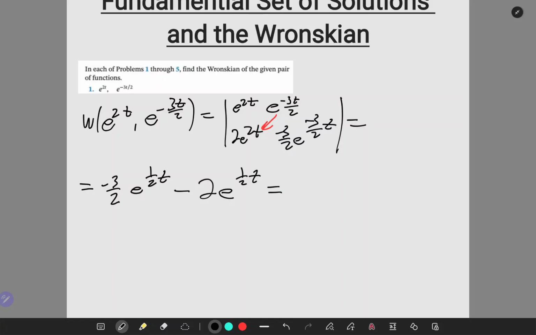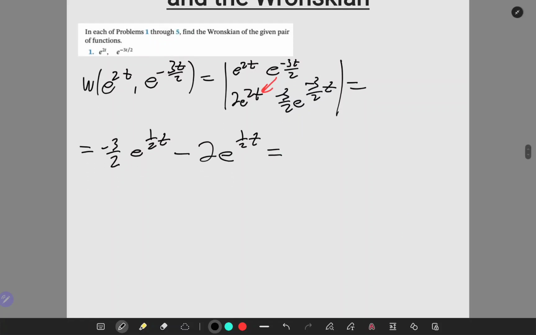So then this will equal negative 3 over 2 minus 2, which is negative 7 over 2, right? So then we're left with negative 7 over 2 e to the 1/2 t.